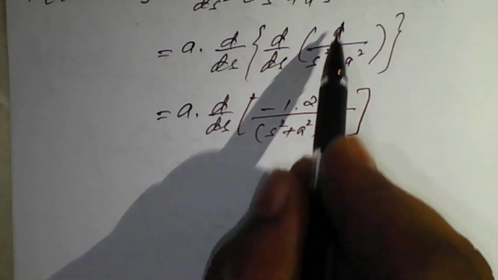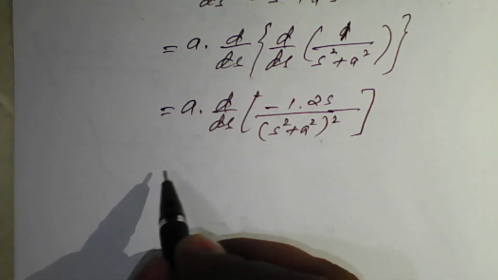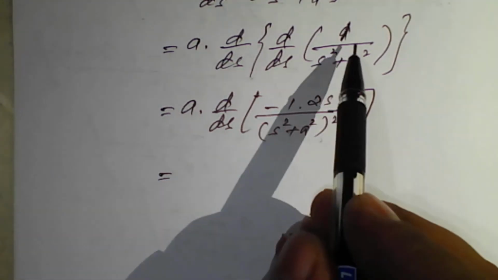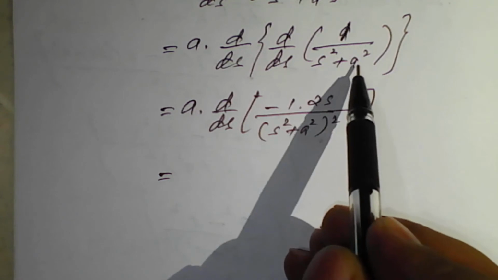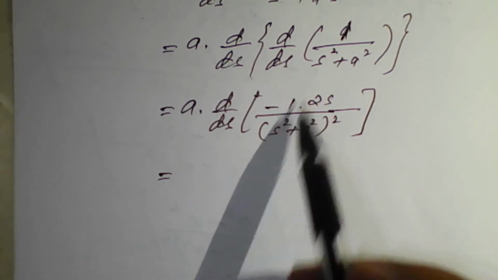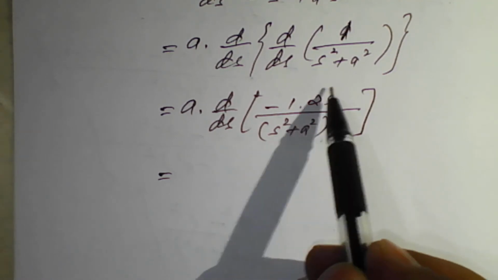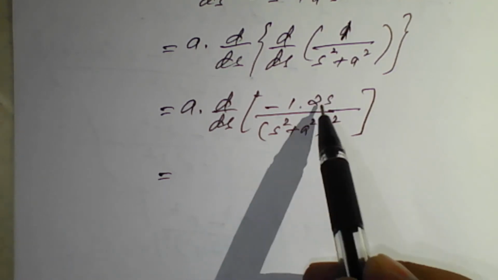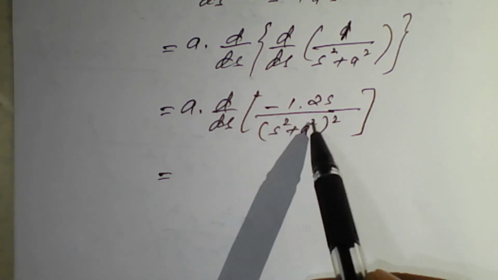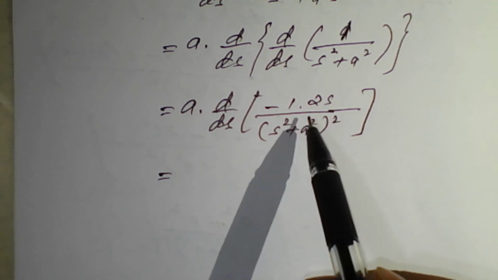So therefore on simplify, or else you can apply the u upon v rule, that is the quotient rule also, we'll get the same answer only. So I have applied here. So differentiation of 1 upon s square plus a square with respect to s is minus 1 upon denominator square into, here differentiation of the bracket term, that is differentiation of s square plus a square, is 2s plus 0, which is nothing but 2s.